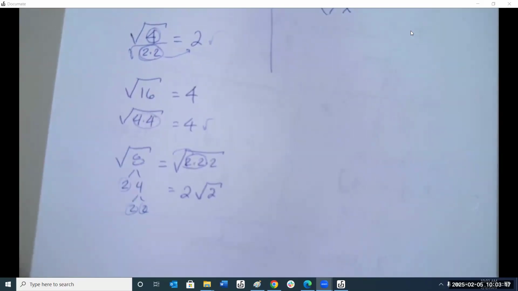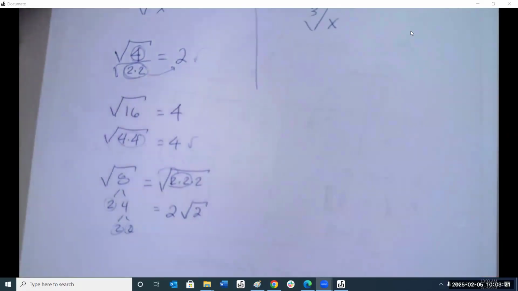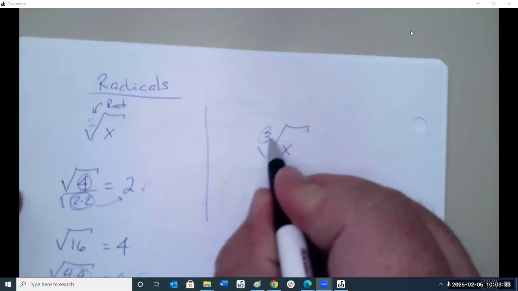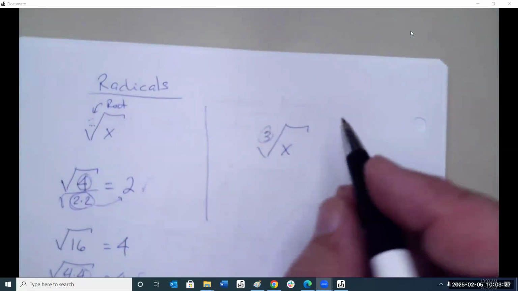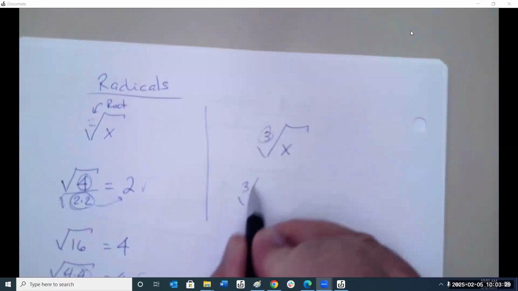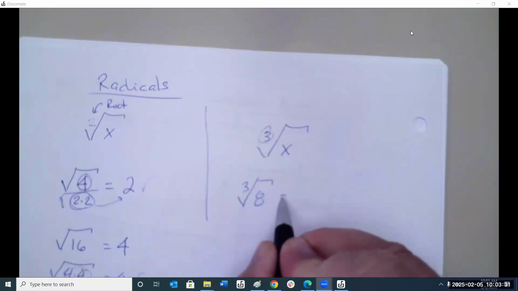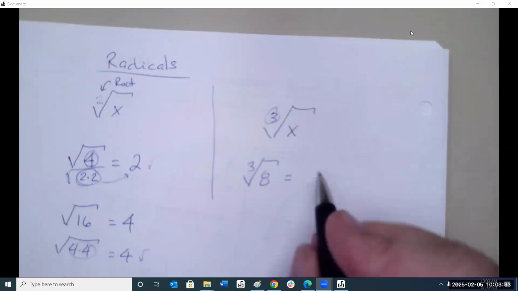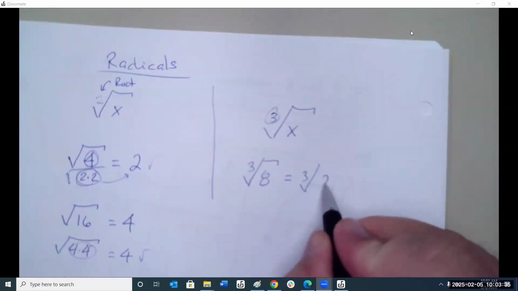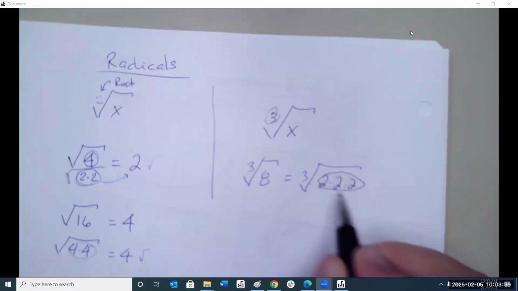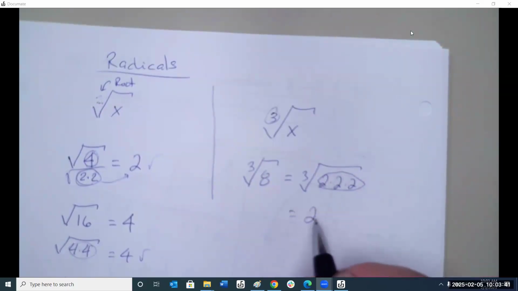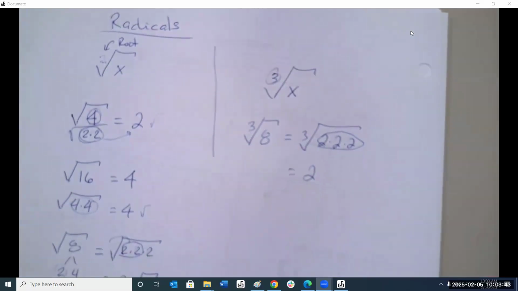Cube root. It has a 3 there. So it tells me what? I need how many of a kind? So the cube root of 8. Right, 8 we know is 2 times 2 times 2. We need 3 of a kind. We got it. So it equals 2. There's nothing else inside there.